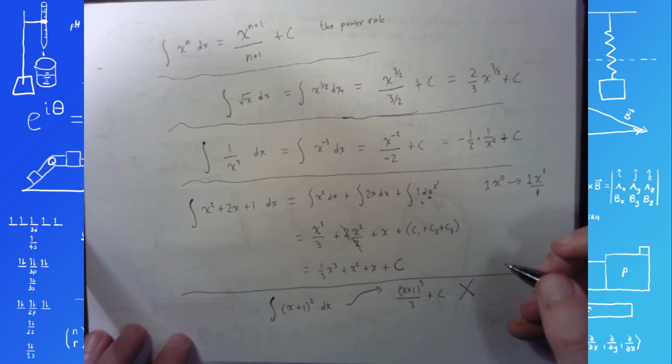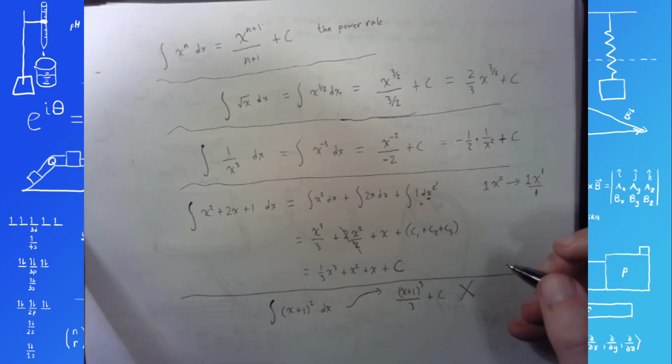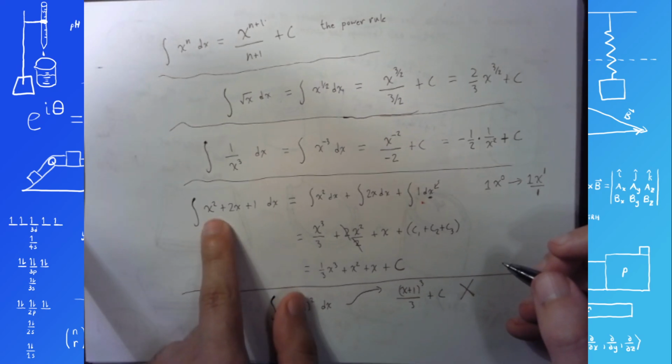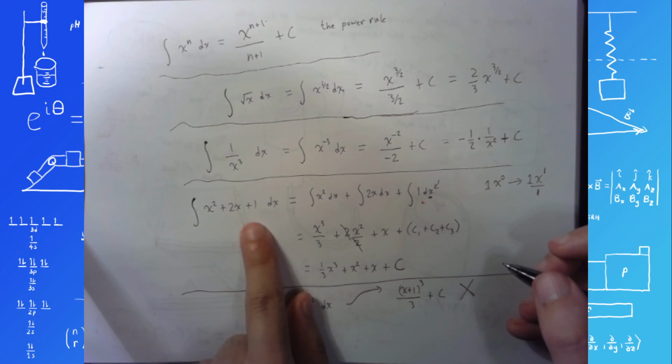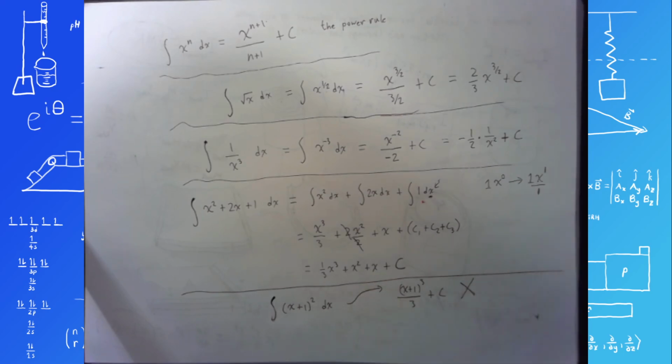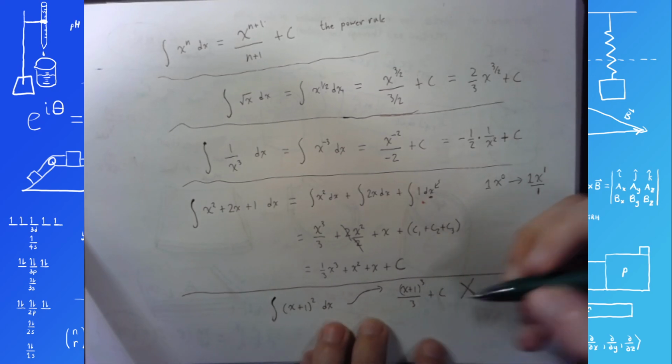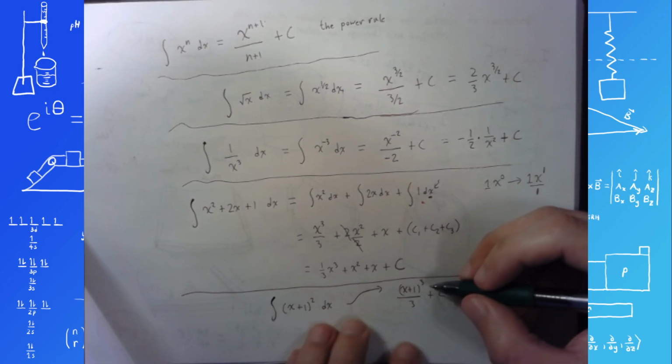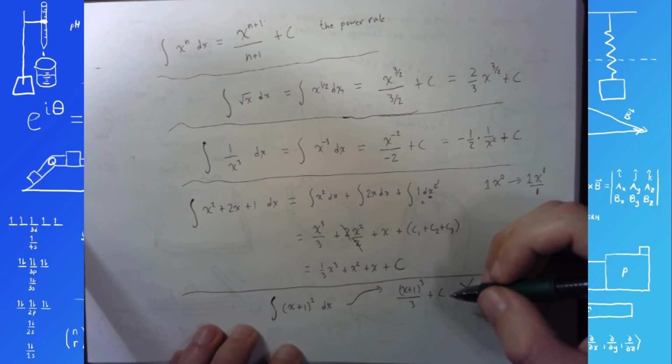And to see why that would be wrong, well, we already did the integral of x plus 1 squared. X plus 1 squared is x squared plus 2x plus 1. And we know what we get when we integrate x squared plus 2x plus 1. We get 1/3 x cubed plus x squared plus x. Let's see if that's what we get when we try and FOIL this. x plus 1 cubed over 3.